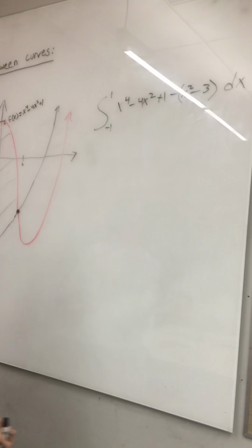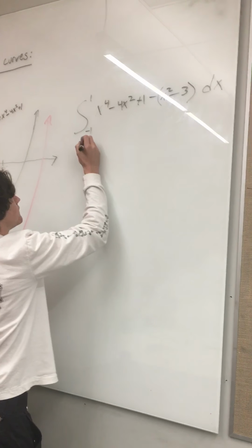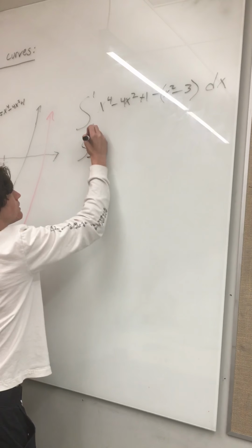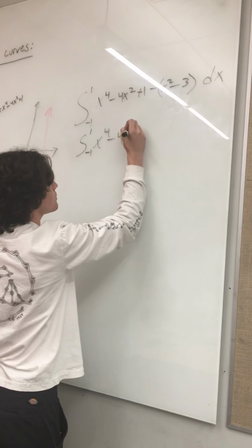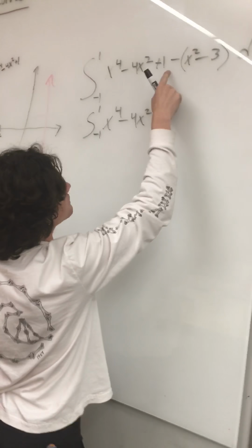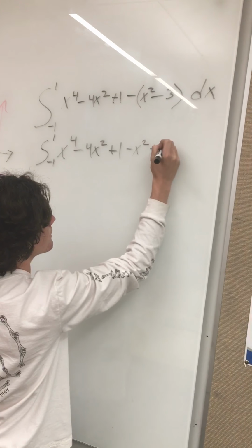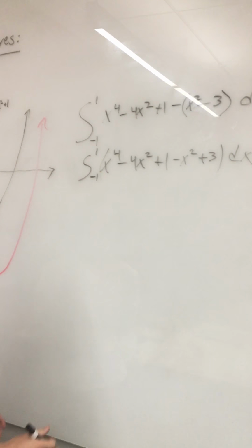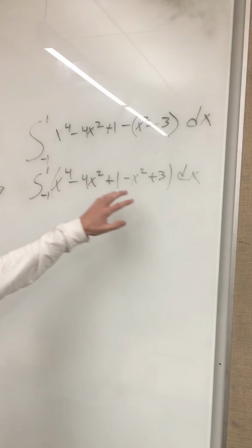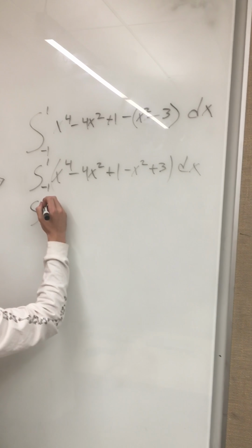And then you're going to want to distribute the negative. So then you'll get from -1 to 1, x to the 4th minus 4x squared plus 1, and then distribute the negative, so negative x squared plus 3 dx. And then from there, you can combine terms, so we'll get -1 to 1.